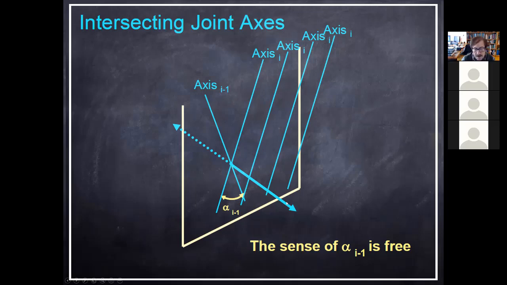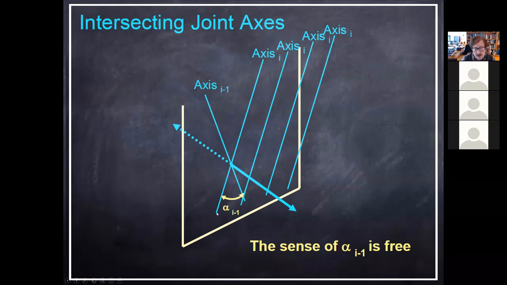Okay, what is this arrow showing? This arrow is showing the direction towards which I should move so that I will reach the end effector. If the end effector is in this direction, I should follow this arrow. If it is in the reverse direction, I should follow the dotted arrow.